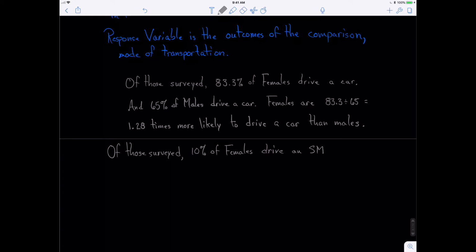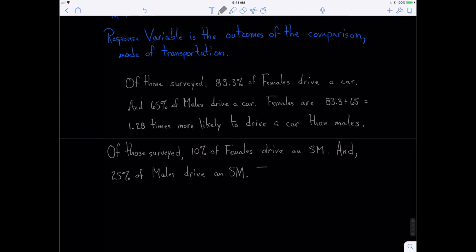If you were writing a formal paper, you would write it out, but we're just going to use the coding that we have on our table. And 25% of males drive a car. Drive an SUV or minivan.